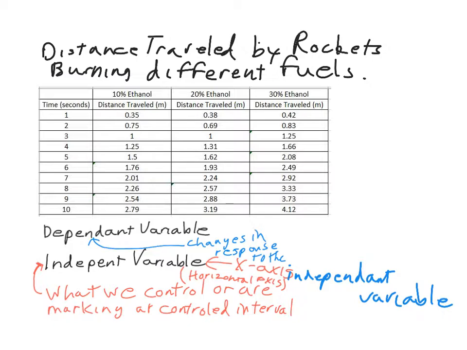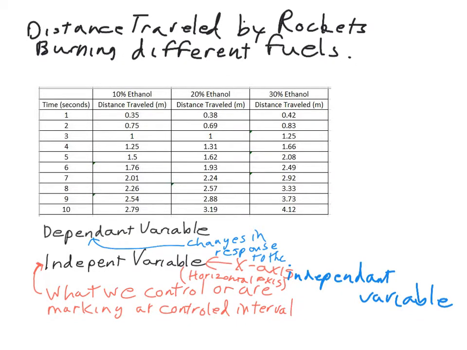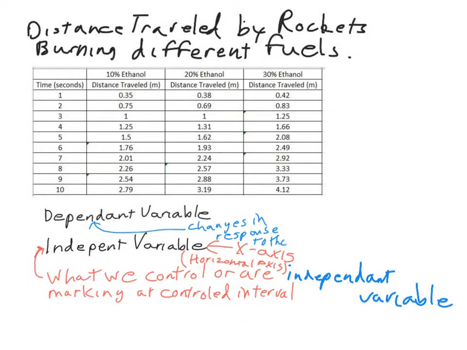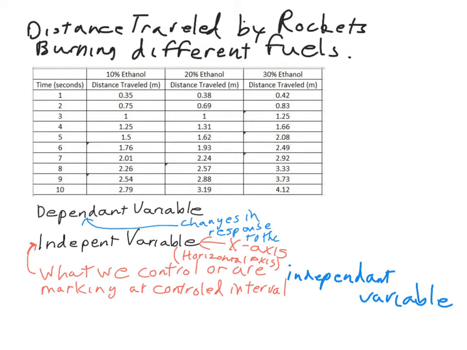So it's a measure of the distance traveled by rockets burning different fuels. And in our experiment, we're measuring the distance traveled every so often. We control how often we take our measurements. Since we control how often we take our measurements, that's our independent variable.